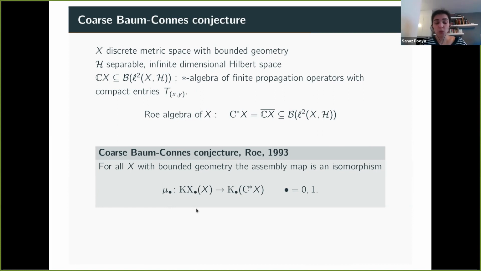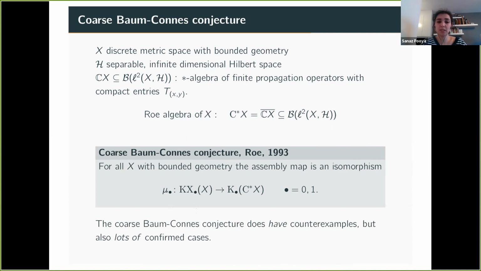So maybe two points to make here is that this version of Baum-Connes does have counterexamples, but it also has lots of confirmed cases. One class of counterexamples comes from groups with property T and then expander graphs.